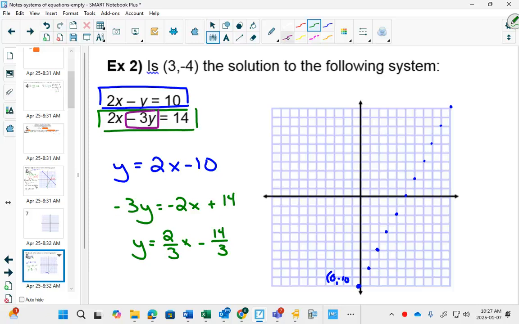Just a little bit of a blah, right? When we graph y equals mx plus b, we usually start with the b value. Where are you going to put negative 14 over 3? You could estimate it, but isn't it a bit blah? I don't know if that's a proper math term or not, but maybe a little bit. It's like, ugh. Okay. So I don't like my y equals mx plus b.